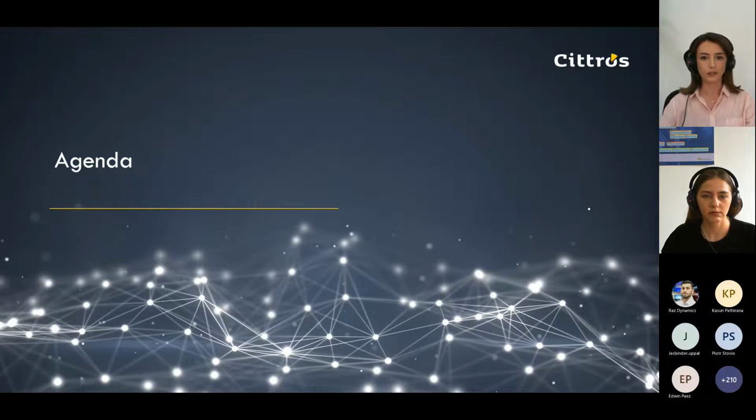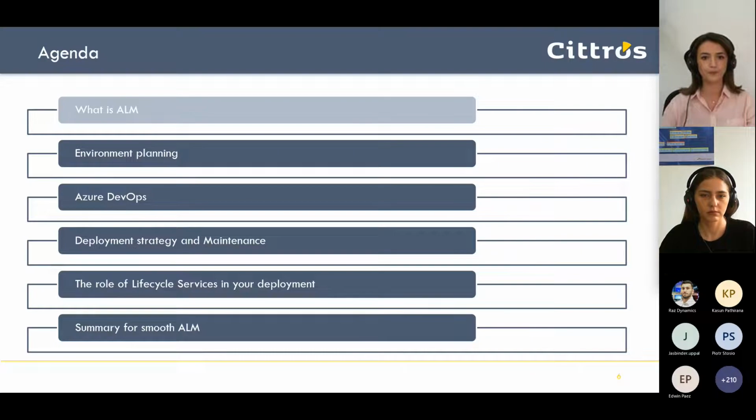What we will cover, to be precise, we will see in the agenda below. We will talk about what is ILM, then why environment planning is important, then about the Azure DevOps tool.